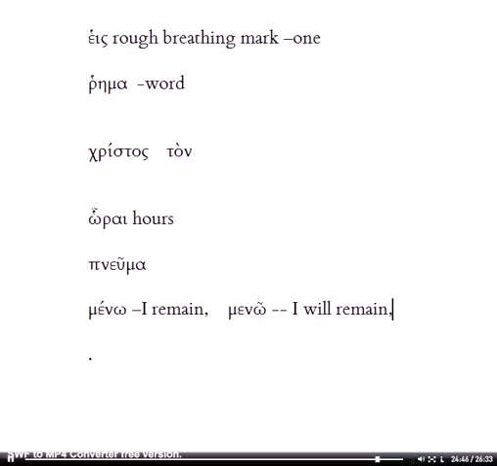Now, we also see the semicolon here. The semicolon is like the English question mark. It marks a question in Greek. So when you want to end the sentence with a question mark, you put what looks to be a semicolon there.